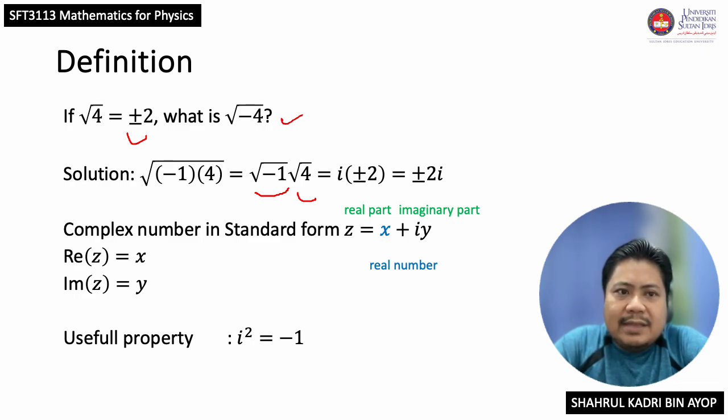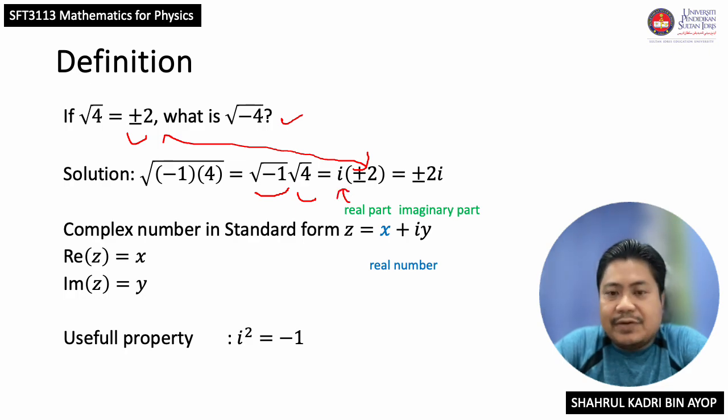Here we get the same result from this part, but the negative 1 we can represent as i. This is the origin of the complex number, so that we can get either positive 2i or negative 2i. So this i represents a complex number which differs slightly from a real number.